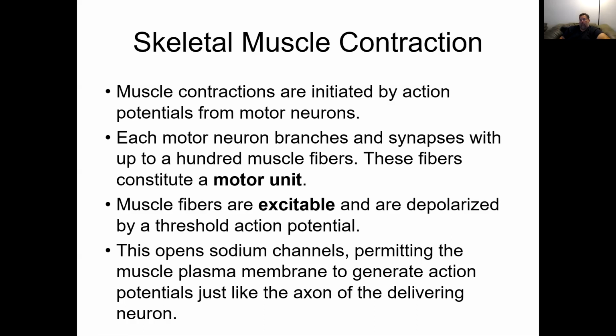We call these motor units when neurons can talk to more than one muscle fiber and cause it to activate. What can activate or excite these muscle fibers? Again, they're excitable by acetylcholine depolarizing the cell membrane and causing sodium to enter.